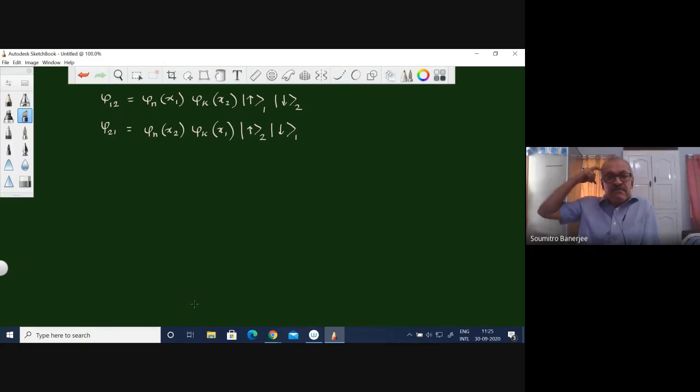Now, it so happens that nature allows only two possibilities. These two being identical means their effective result should be identical. That means mod psi square of this one, mod psi square of this one should be the same thing. Now, nature allows only two possibilities. Let me write.